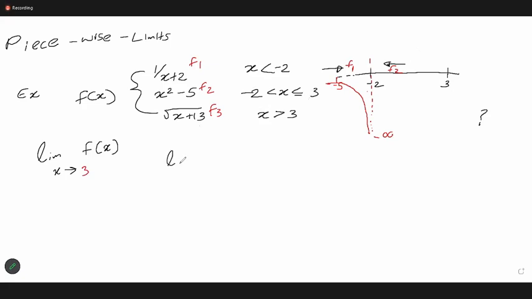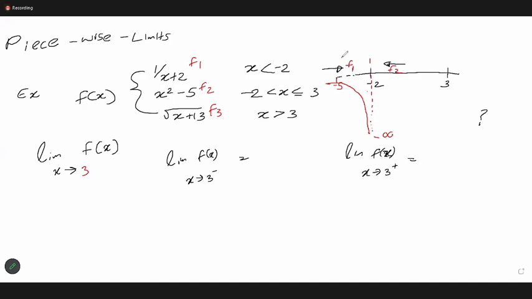That means we have to look at the limit of f(x) from the negative end of 3 and the positive end of 3. So you need to identify the correct function that is relevant to the side you are looking at. That means you are looking at point number 3.